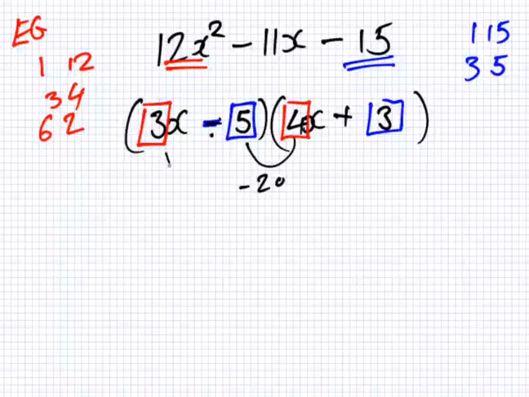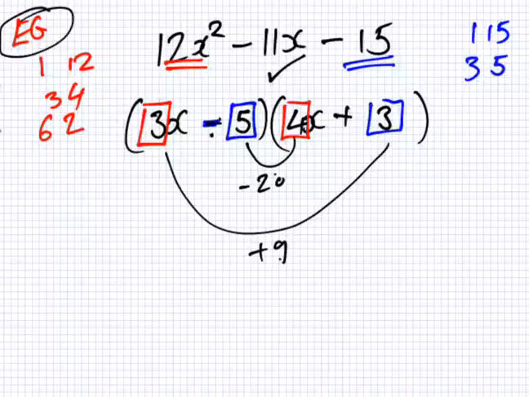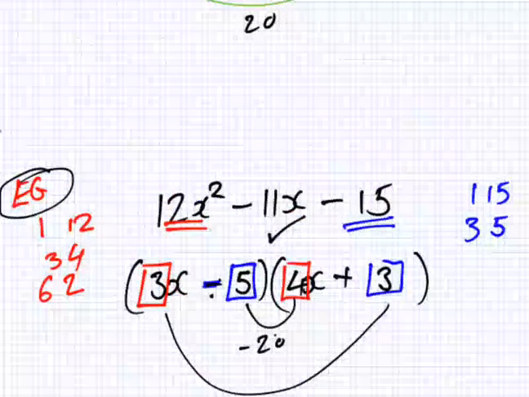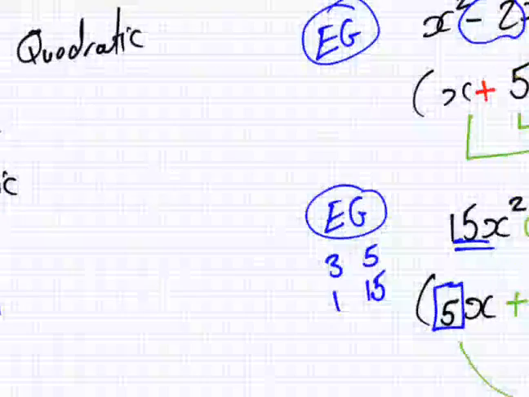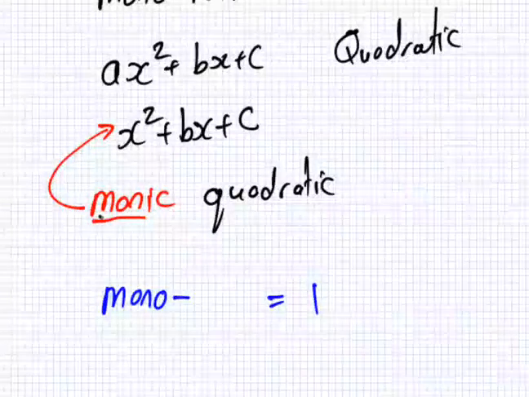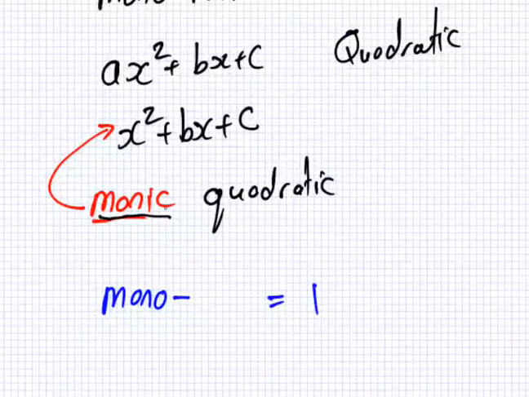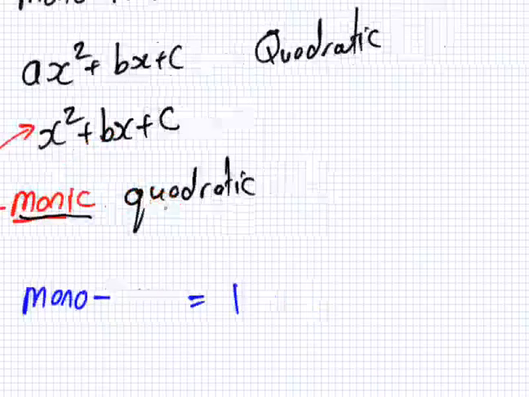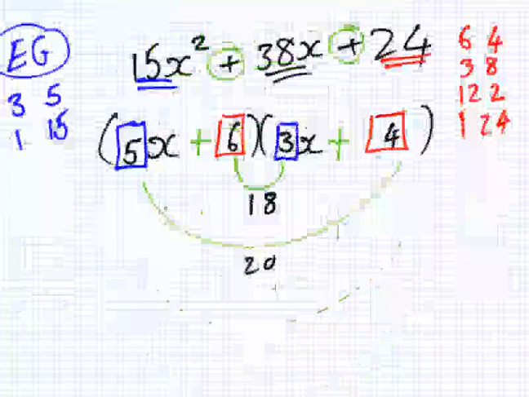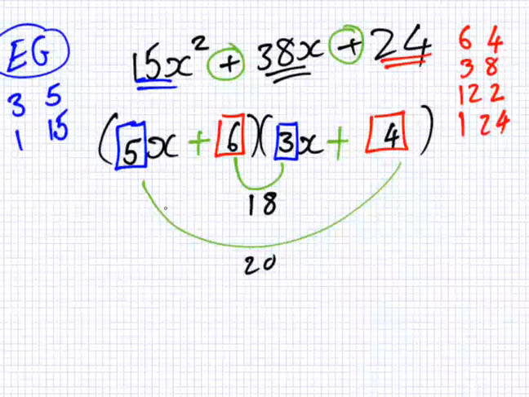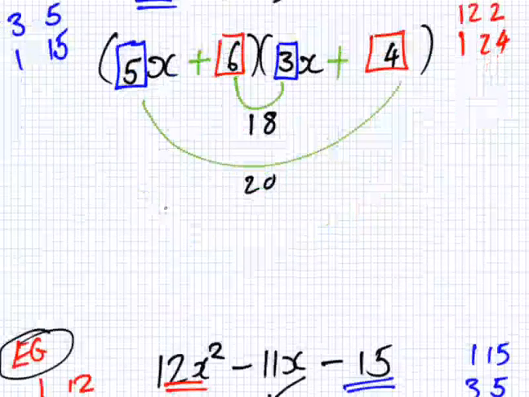So for example, if I go with 3 and 5 and let's say 3 and 8, what do I get here? Let's have a look. I get 15. And here, what do I get? 24. 15 plus 24. 39. So close. 39. We need 38. Not 39. Okay, so we need to try something different. Let's try. Okay, so maybe 6 and 4.